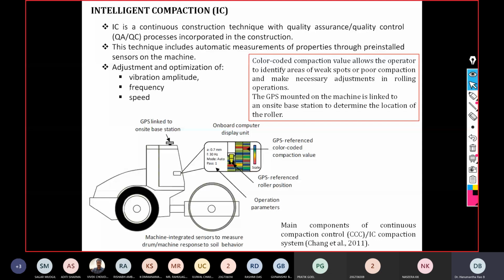So all parameters are directly or indirectly related to the amplitude of the device. Now the commonly used intelligent compaction measuring values are compaction power, compaction control value, stiffness, and vibration modulus.